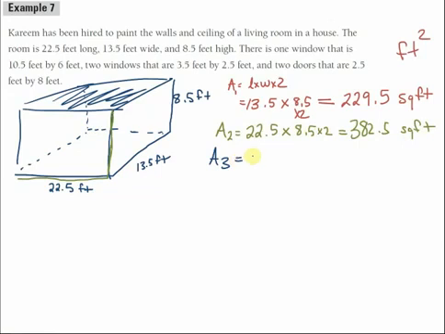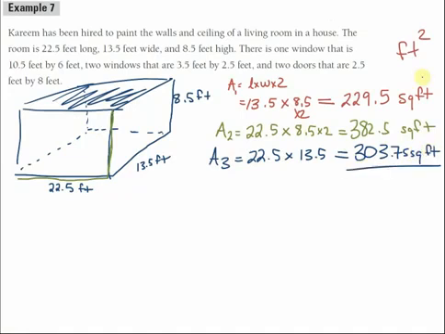Area 3 equals 22.5 times 13.5, because it's just the ceiling, and that'll be 303.75 square feet.